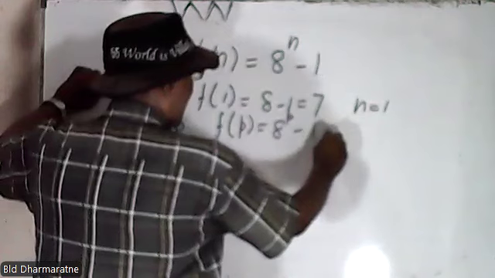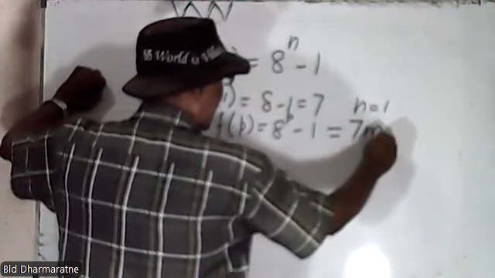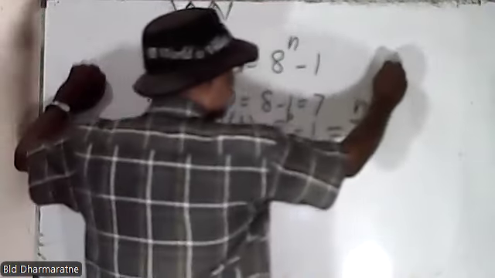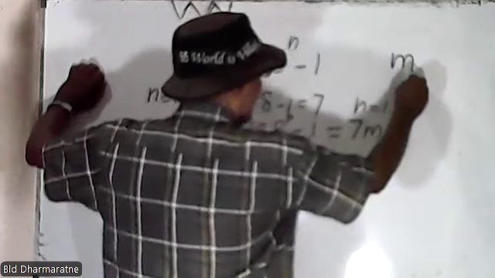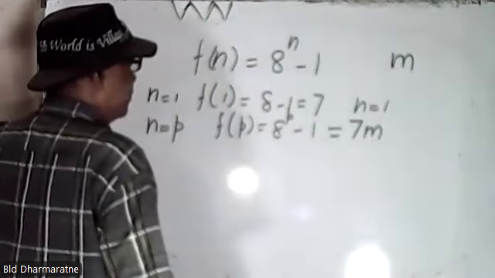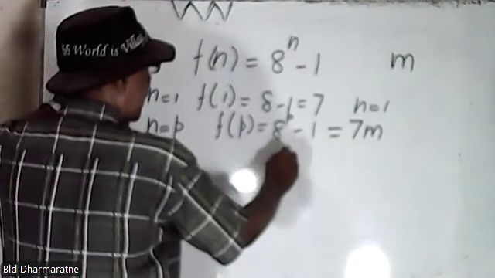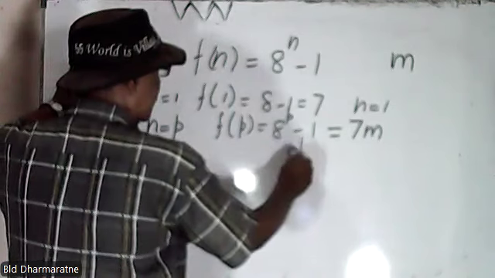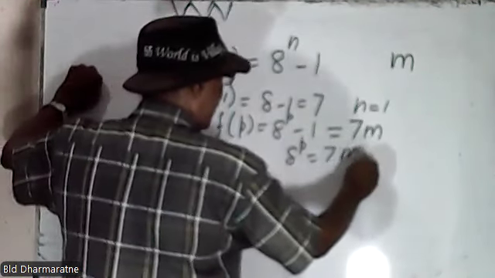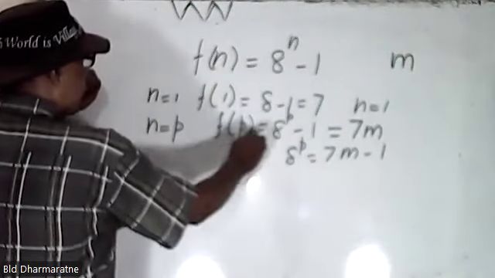Since it is divisible by 7, this can be written as 7m, a multiple of another integer, where m is an integer. So 8^p equals 7m plus 1, that is 8^p minus 1 equals 7m. Now we take Fp plus 1 for this one.